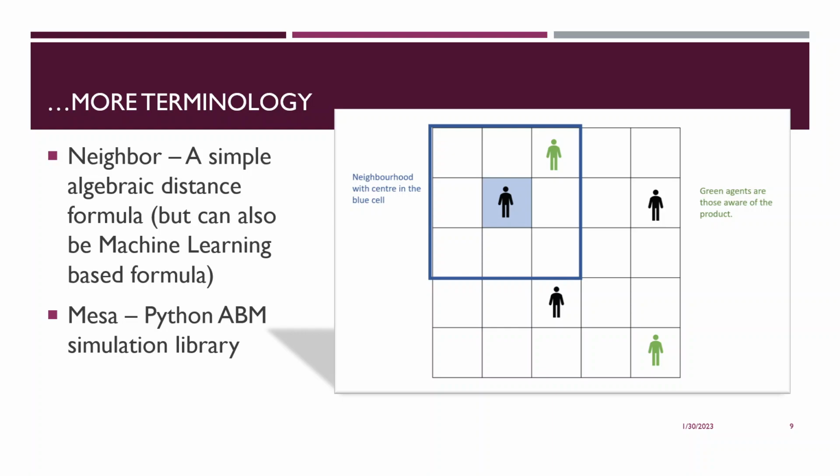So if I've got a person in a particular square, and remember, in this case, in the program, a record is a person, and then we're maintaining a record, an index of that person, and we're creating a column within that of, did the person have awareness of the product, or do they not have awareness of the product? In this case, we're putting green on it.